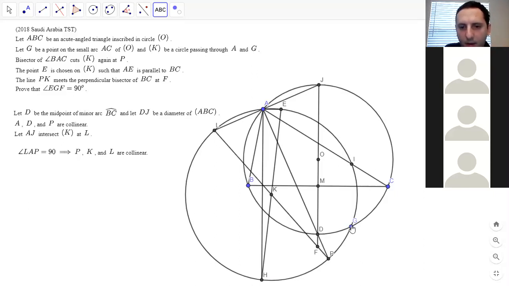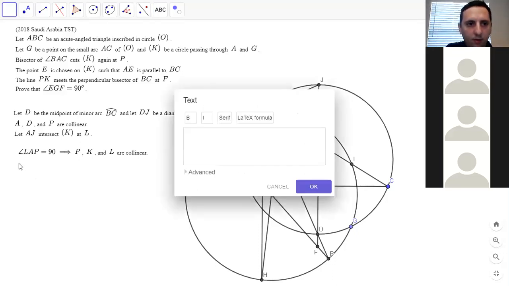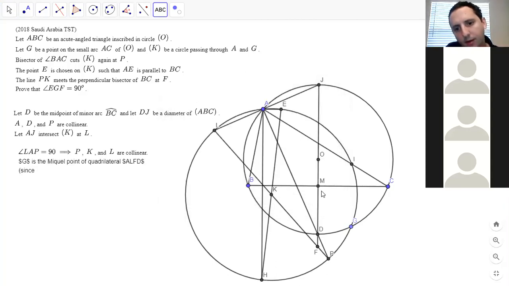So basically G is the Miquel point of quadrilateral ALFD. And that's because ALGP is cyclic.